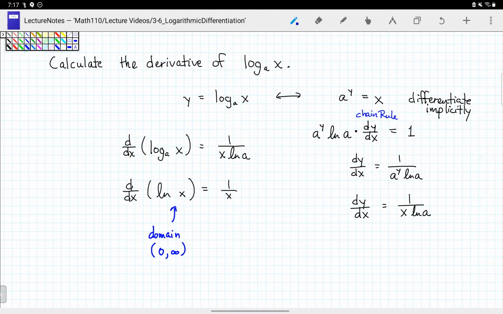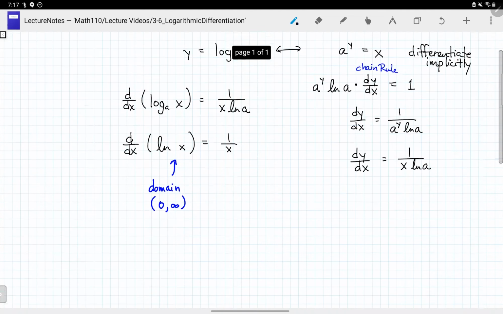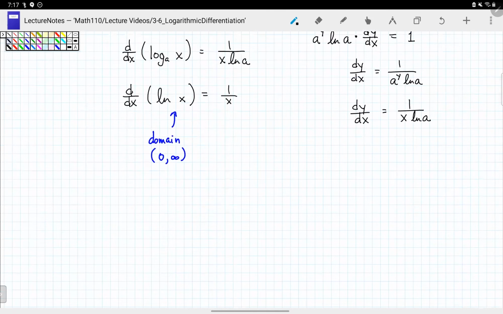And so we might want to ask ourselves, is there something that we can get that is more expanded than the natural log of x, that has a more expanded domain, that has this as its derivative? The domain of the natural log is that we have to have positive real numbers.